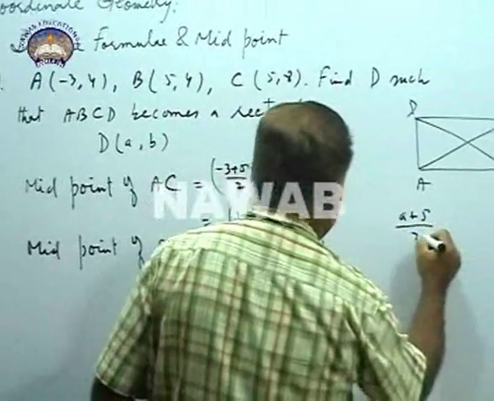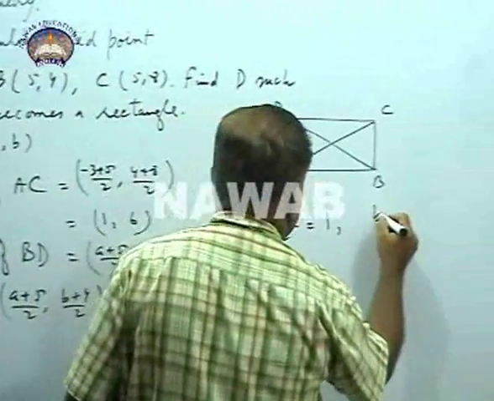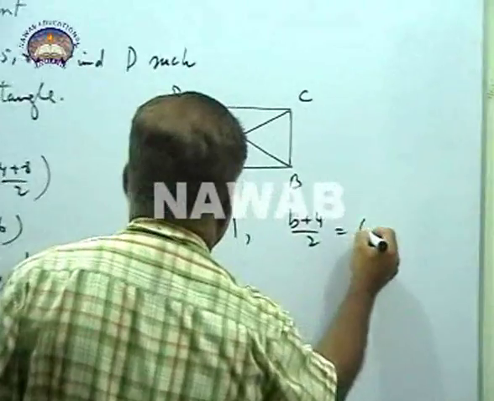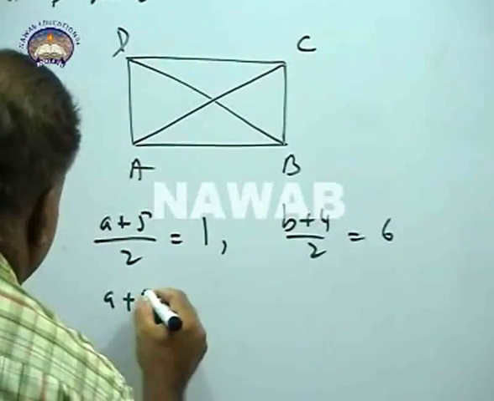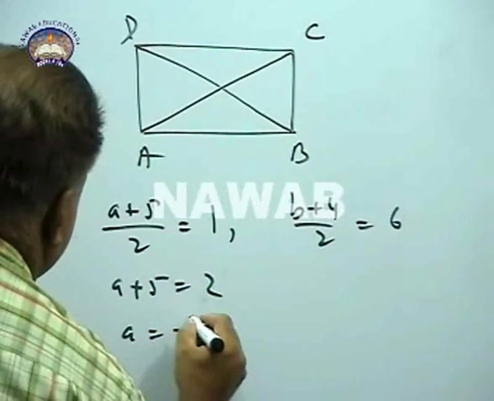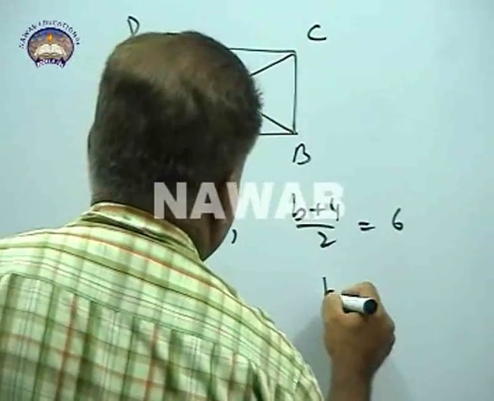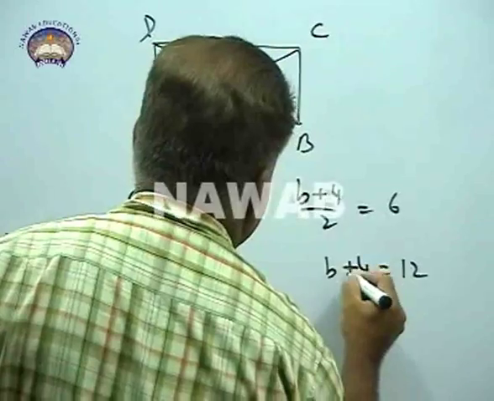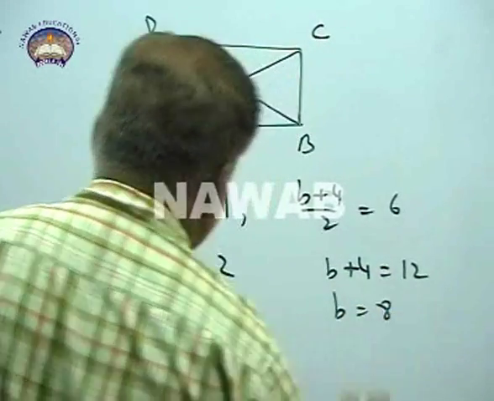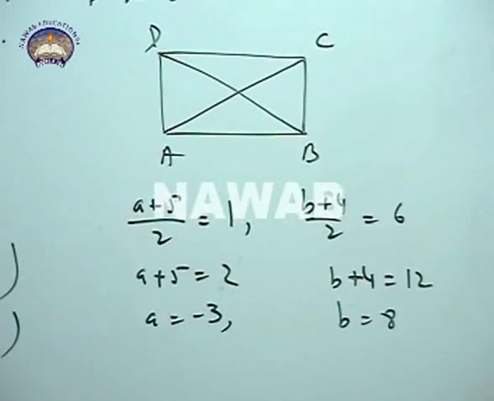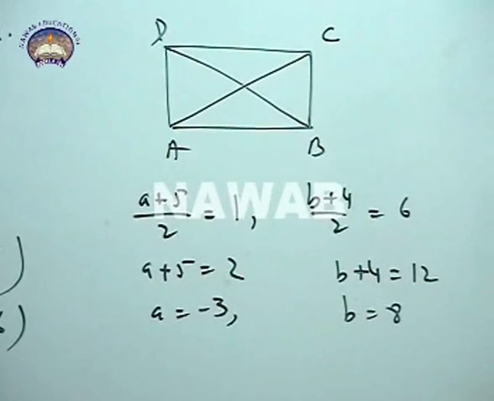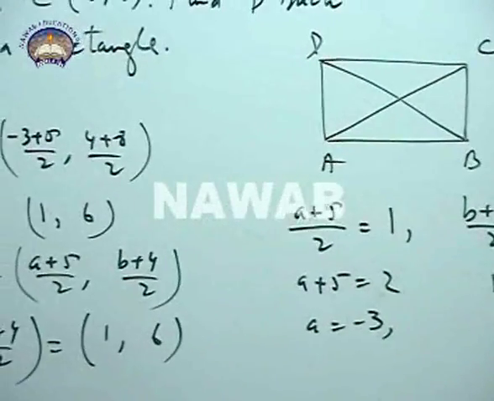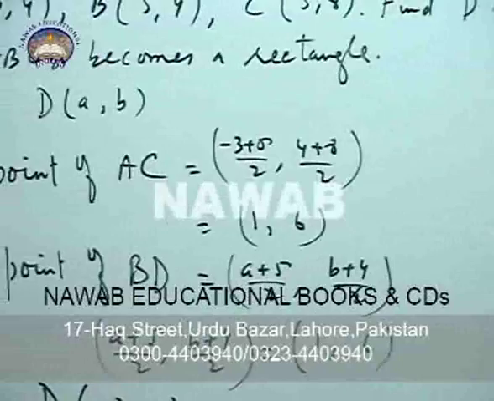A plus 5 over 2 is 1 and b plus 4 over 2 is 6. So a plus 5 is 2 and a will be equals to minus 3, and b plus 4 is equals to 12 and b will be equals to 8. So therefore we get the coordinates of D as minus 3 and 8.